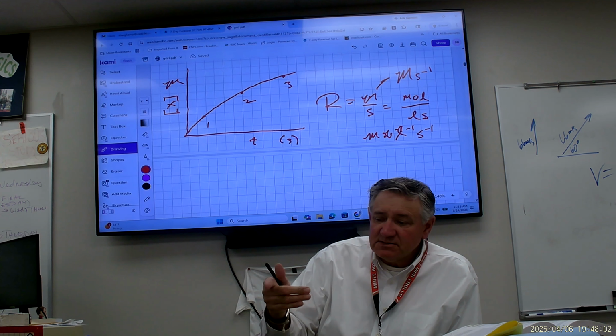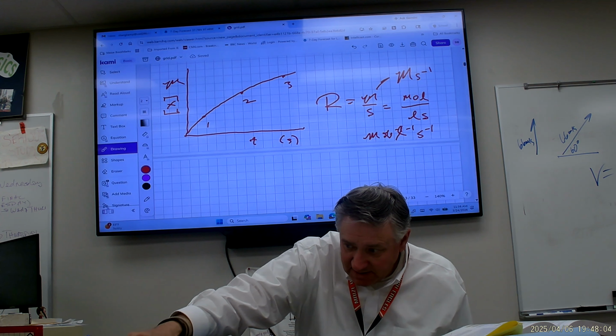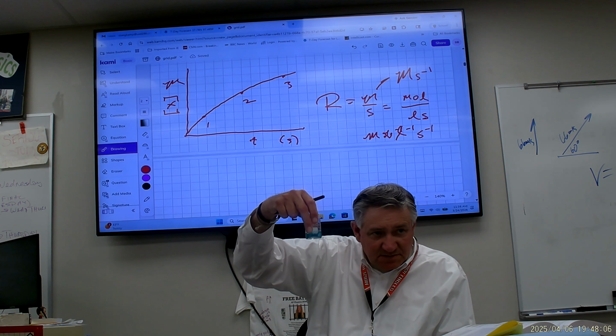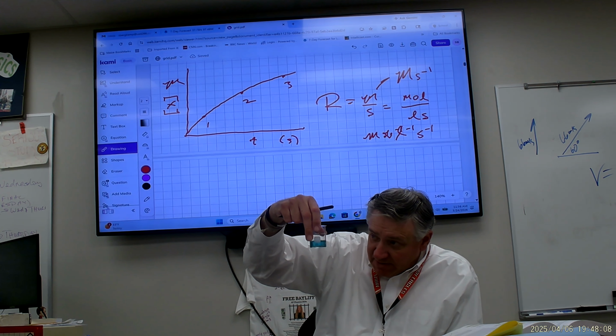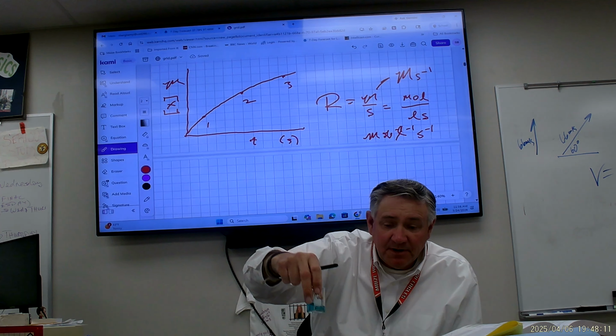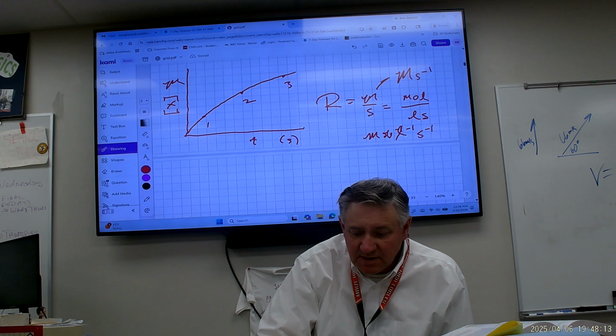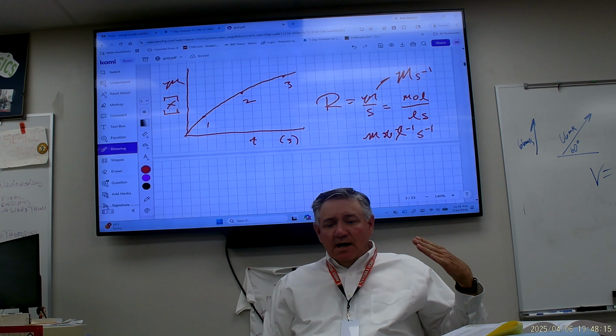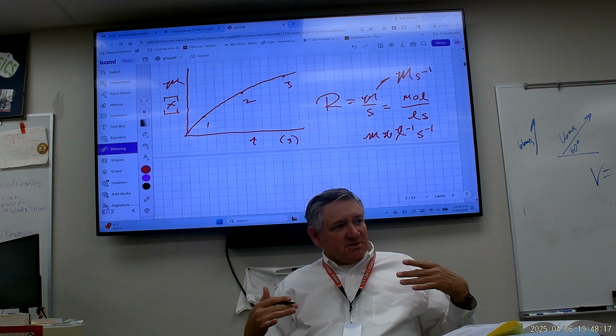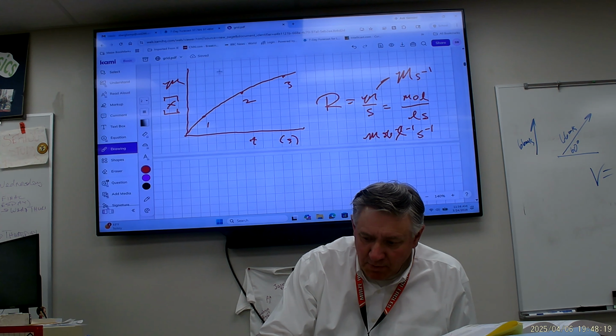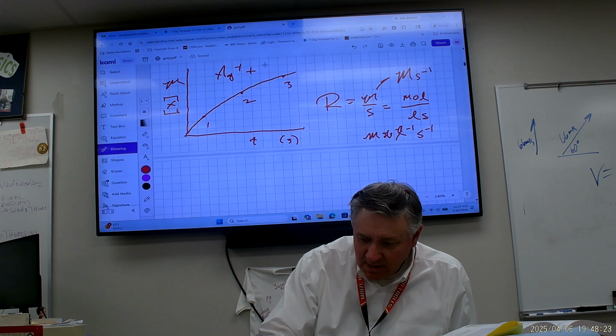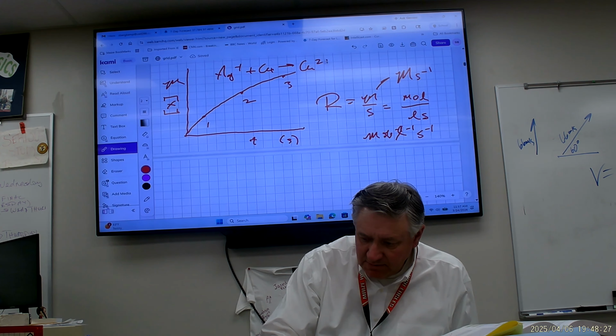second. So if you look at the reaction that I did yesterday with the silver nitrate, and I dropped in a piece of copper. So this could be the concentration of the copper ions as a function of time, because if you look at this reaction, we put in silver ions and elemental copper, and that produced Cu2+ plus elemental silver.